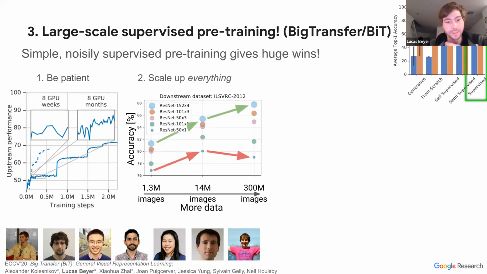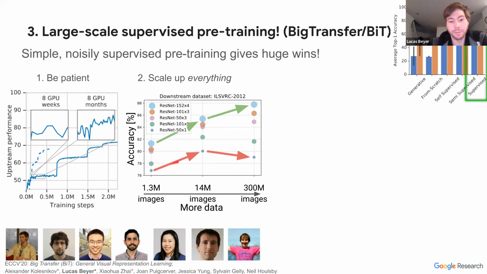The second thing is it's important to scale everything together. Here, just briefly, the x-axis is dataset size from 1 million to 300 million images. The y-axis is accuracy. It doesn't matter what dataset, it's the same everywhere. And these bubbles are model size. The important takeaway: this little blue bubble is ResNet 50, the standard one that everybody uses.